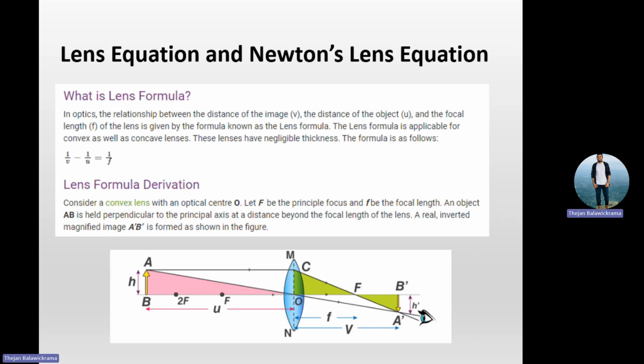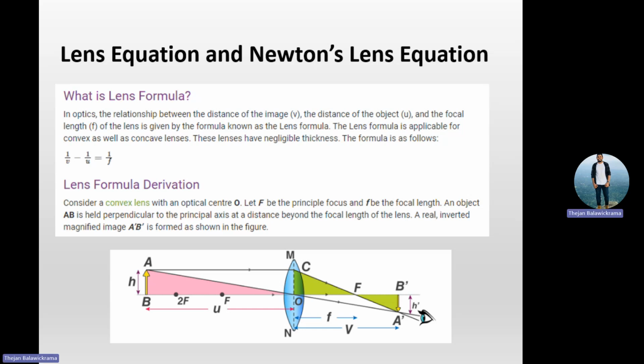Here's the important part: the lens equation and Newton's lens equation. The lens equation normally you know. This is for lenses. Now you need to draw this. Then I'll derive Newton's lens equation.